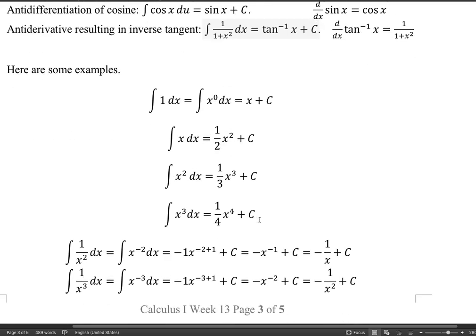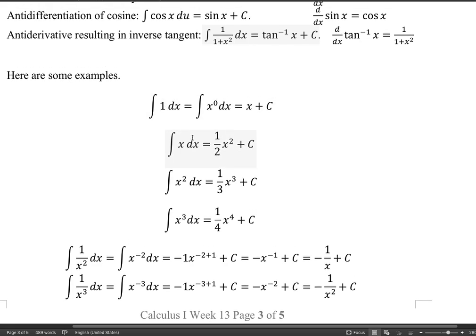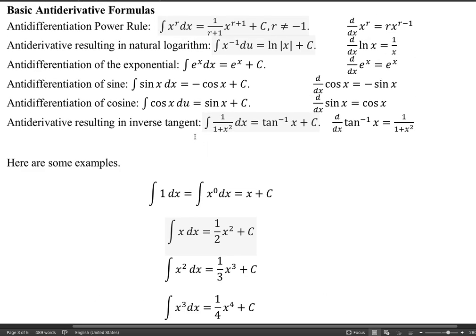First one, I have the antiderivative of 1. You may want to say this may not fit any situation in the formula that I just mentioned. We have x, there's no x. But you can consider this 1 as x to the power 0. So it does fit the situation for the anti-differentiation power rule. X to the power 0.